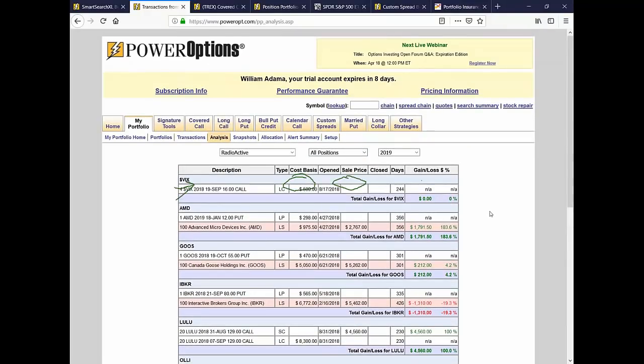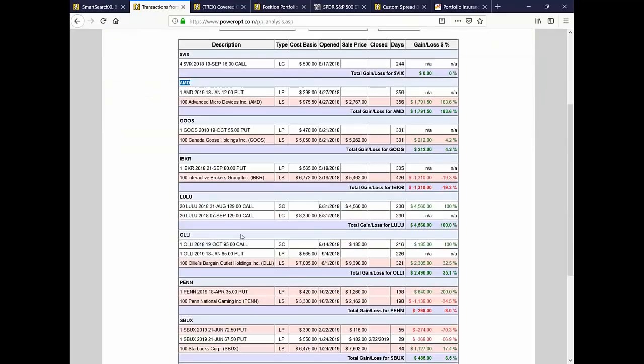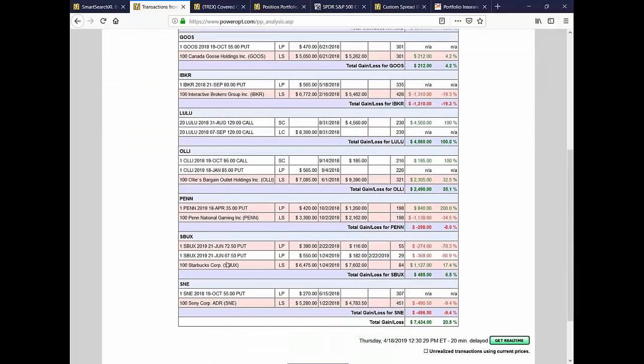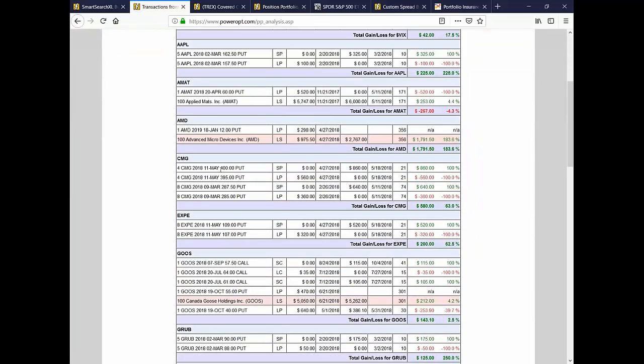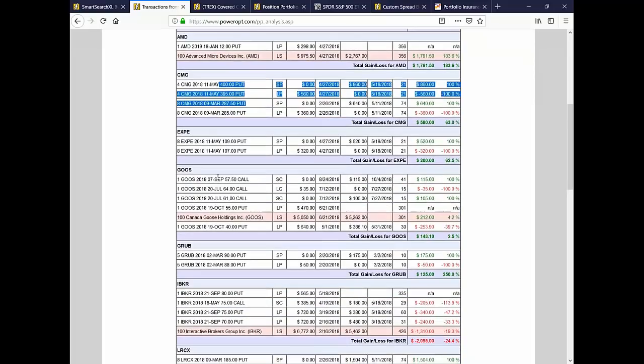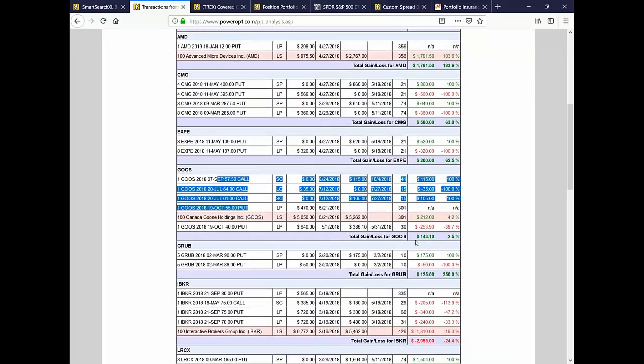It's not arranged by strategy here. This one is arranged by the underlying symbol. So it takes into account any rolls, adjustments that you've made over time. Let me go back to 2018 for this portfolio. You see a little bit better. Yeah, so there's multiple rolls and adjustments that were made for these positions, and you can see the running total on the entire trade.